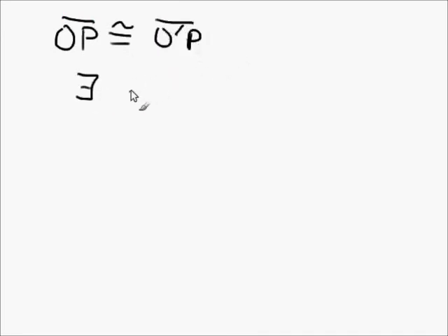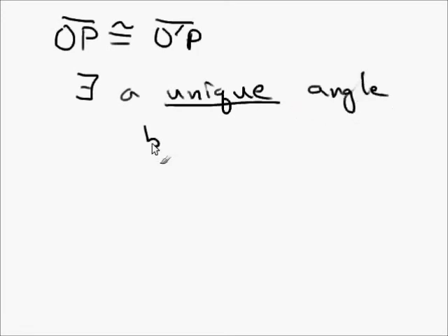Those are congruent by reflexive. There's only one line that bisects an angle. OP must be the same line as O prime P. There exists a unique, that's the crux of this proof, unique angle bisector.